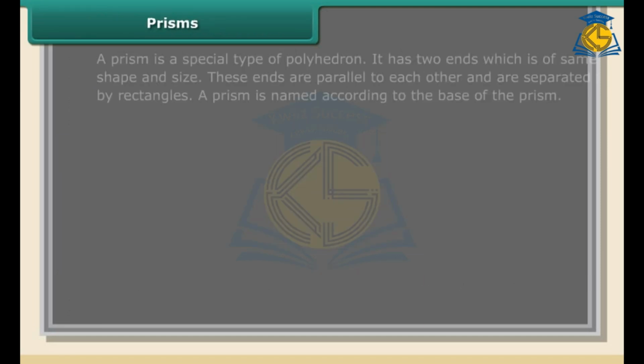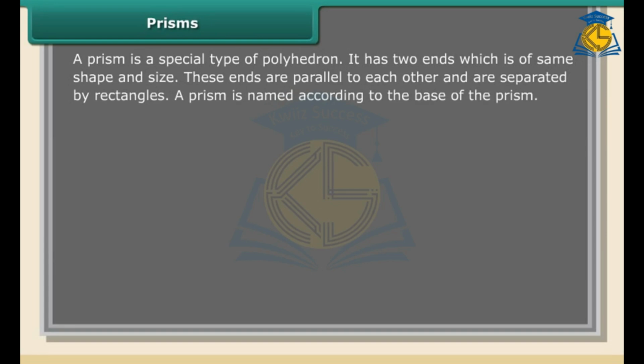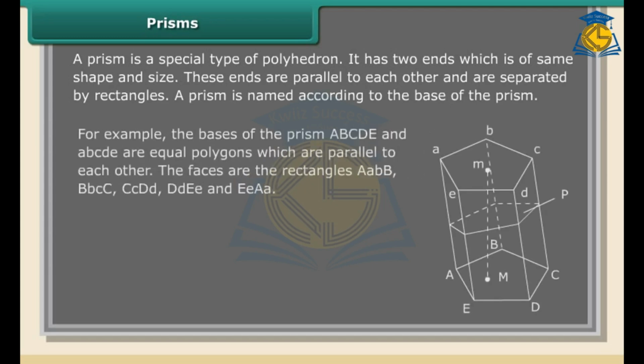Prism: a prism is a special type of polyhedron. It has 2 ends which are of the same shape and size. These ends are parallel to each other and are separated by rectangles. A prism is named according to the base of the prism. For example, the bases of the prism ABCDE and A'B'C'D'E' are equal polygons which are parallel to each other.